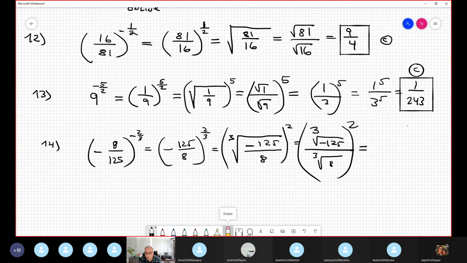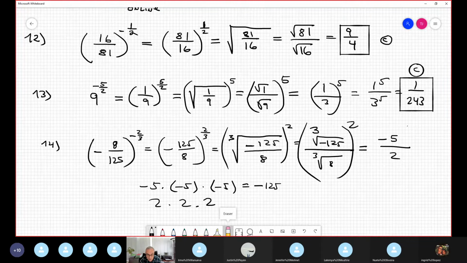The cubic root of negative 125 is negative 5, because negative 5 times negative 5 times negative 5 is negative, and 5 times 5 is 25, 25 times 5 is 125. And the cubic root of 8 is 2, because 2 times 2 times 2 is 4 times 2 is 8. And everything raised to the second power is this number.